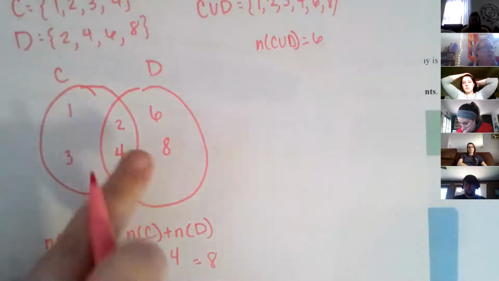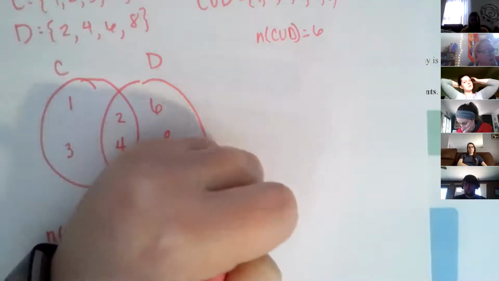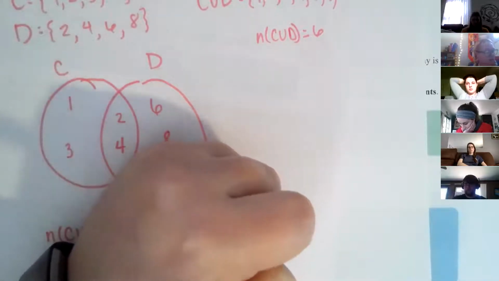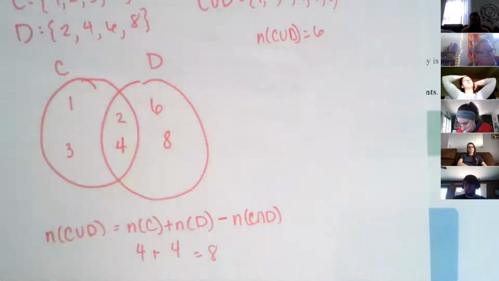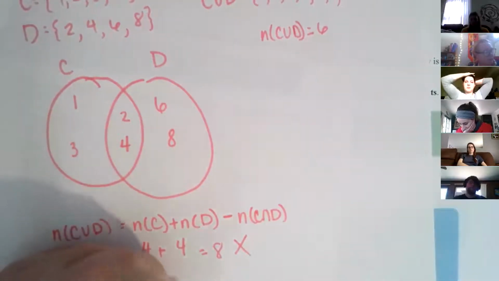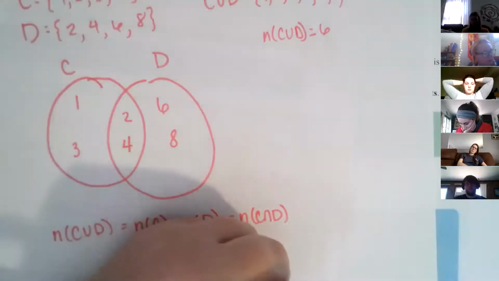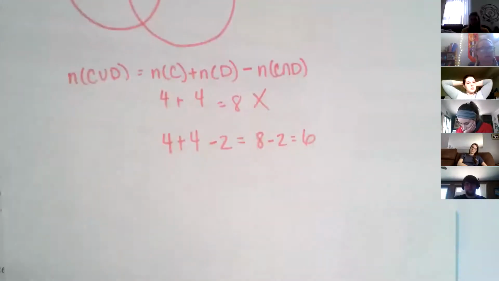I double counted 2 and 4 by not counting out their intersect. So this should be 4 plus 4 minus 2, which is 8 minus 2, which is 6.